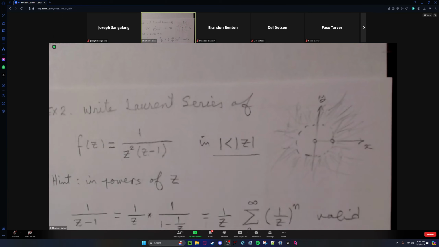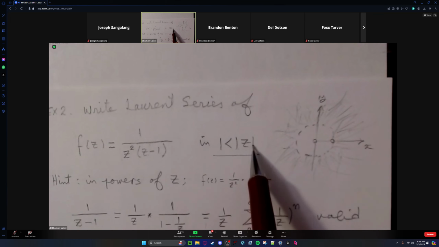So I will write the function in this format: f of z is 1 over z squared times this. So this part is fine. It's in powers of z. We need to take care of this part.